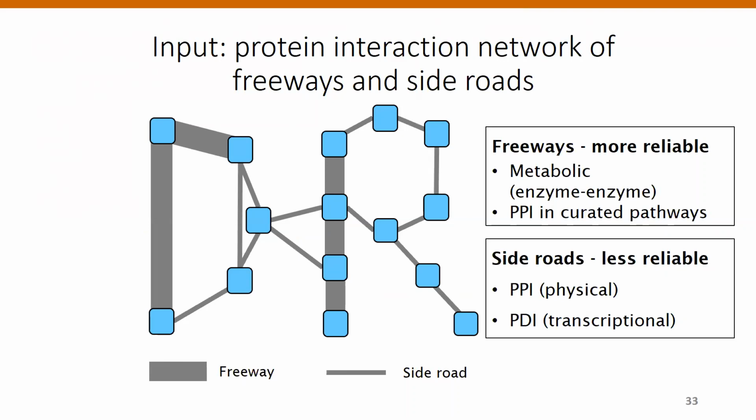These include metabolic interactions from KEGG and such databases, and protein interactions that already appear in curated pathways. And we also have side roads, which are less reliable. These are typically protein interaction networks or protein DNA interactions, that is transcription factors and their transcribed genes. And these come mostly from high throughput experiments, so we assume they are less reliable.